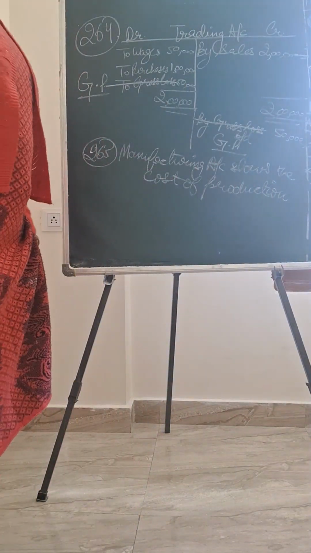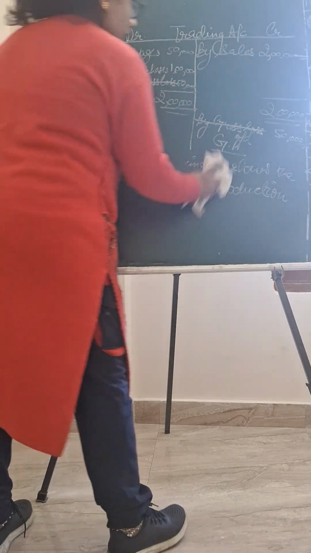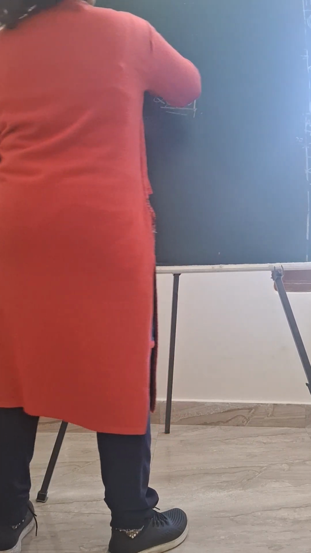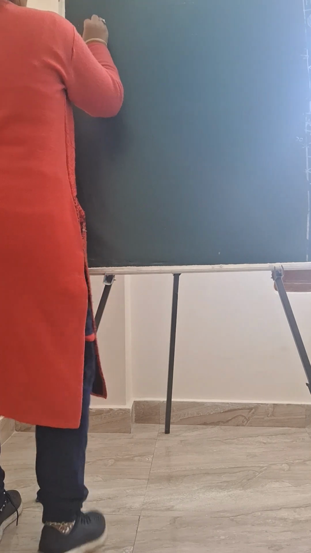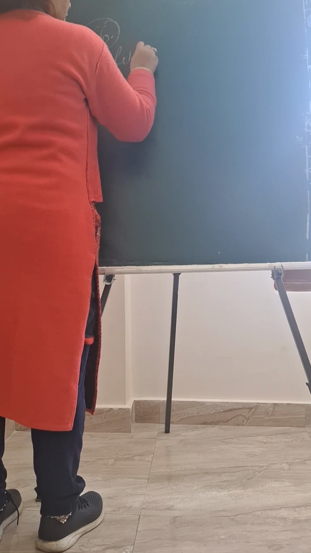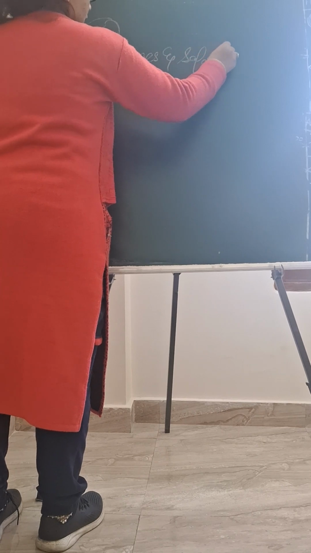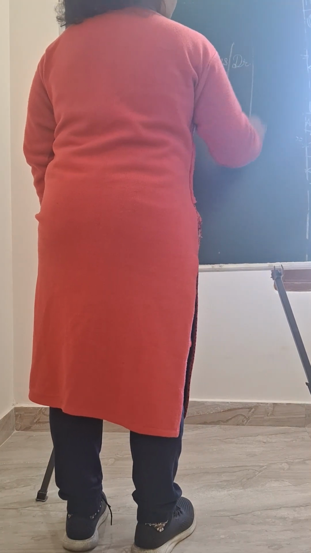One important question, question number 266. If it is written wages and salaries, then they are on the debit side, but of which account?